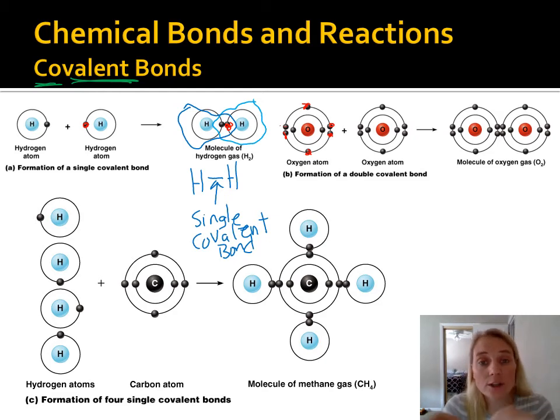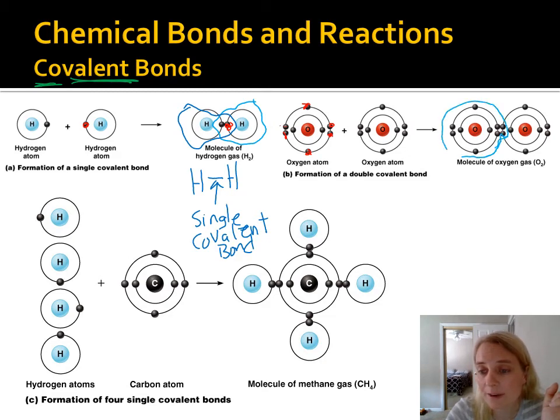So if you have 2 oxygen atoms come together, each one sharing 2 of its valence electrons, if we take a look at whether everybody's happy, 1, 2, 3, 4, 5, 6, 7, 8. Yep, that's happy. 1, 2, 3, 4, 5, 6, 7, 8.